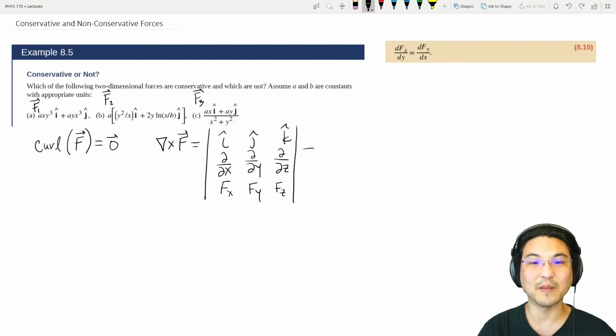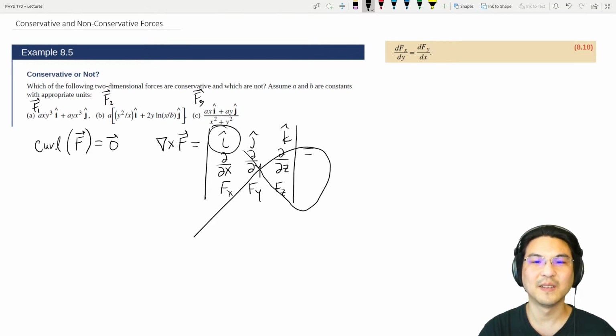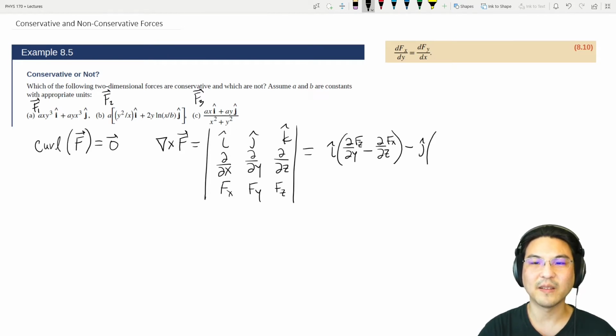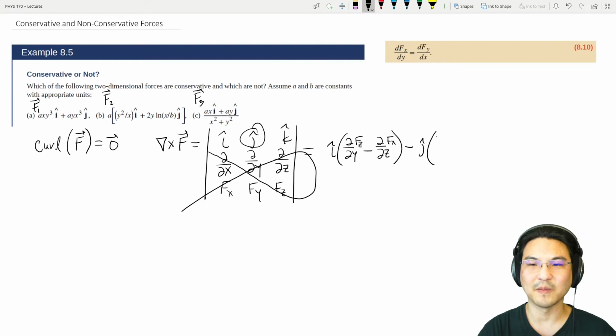We evaluate this determinant. So in the i direction, this times this minus this times this: d by dy of Fz minus d by dz of Fy. Okay, and then in the j direction, minus j, and then this times this minus this times this, so d by dx of Fz minus d by dz of Fx.